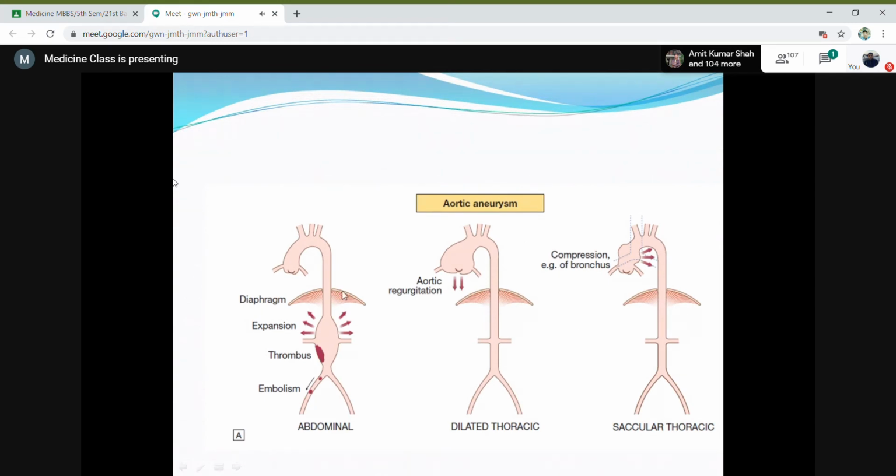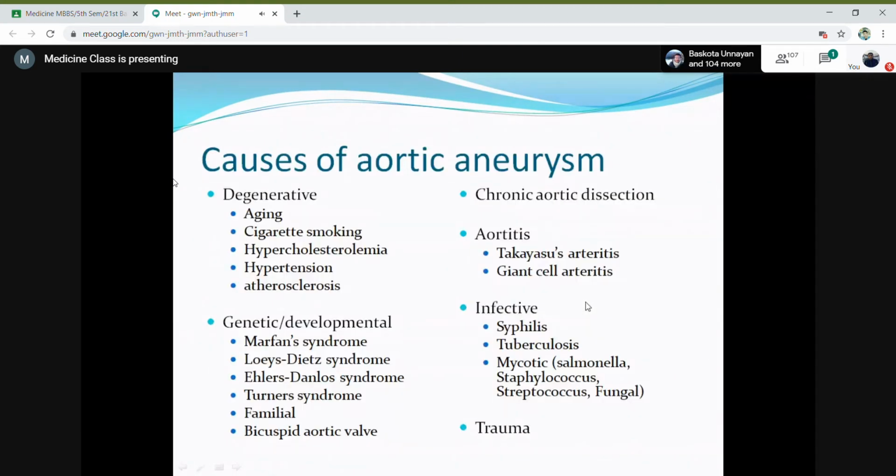This is the diaphragm. This is the aortic arch, the ascending aorta, and this is the descending aorta. Below this is the abdominal aorta. So abdominal aortic aneurysm means there will be dilatation of the abdominal aorta, and thoracic aneurysm involves dilatation of the thoracic aorta.